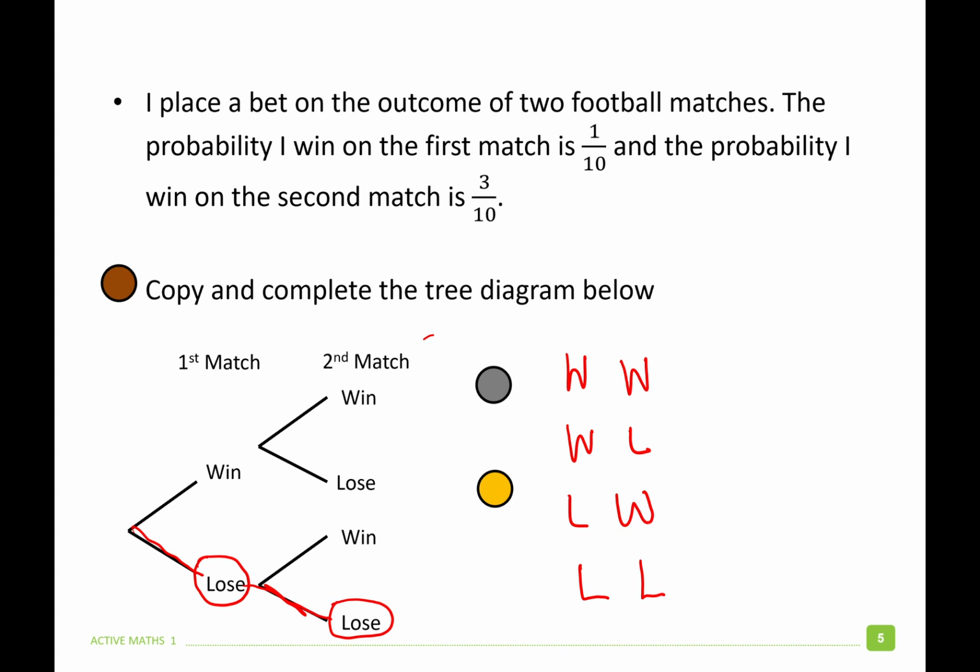These are all of the possible outcomes of playing two matches. To find your possible outcomes, you combine your branches together.